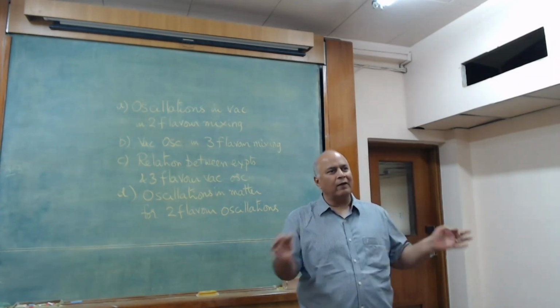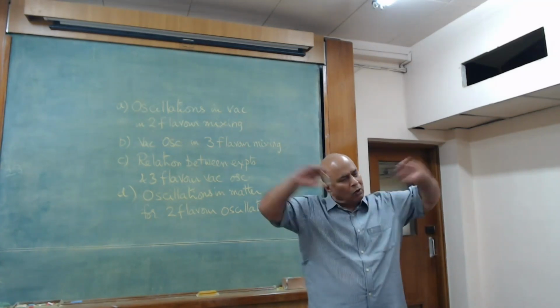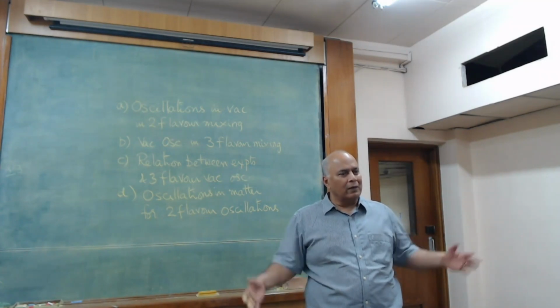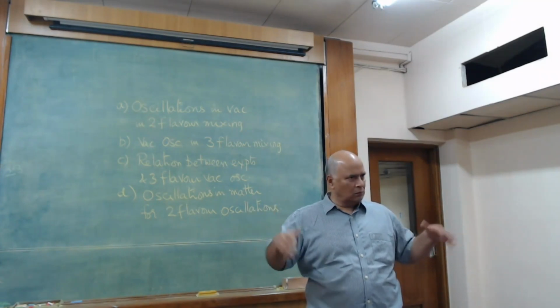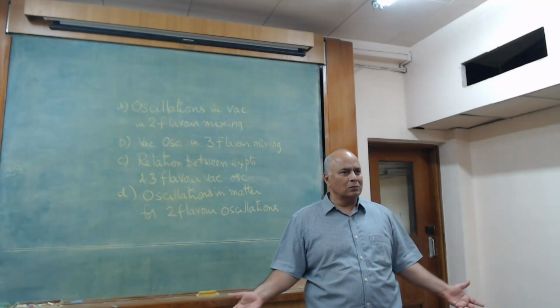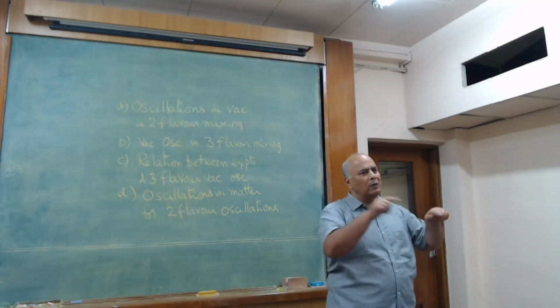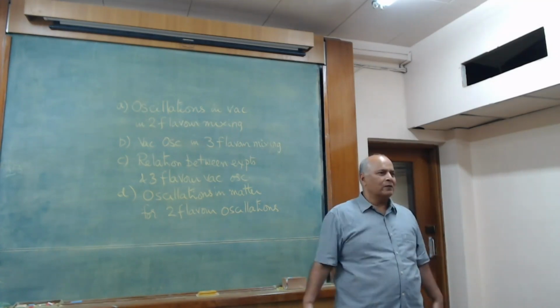People were literally afraid of negative numbers, and square root of negative numbers were not even to be thought of. But this person says, no. Just as you can think of square root of 2. People were afraid of square root of 2 also until Pythagoras came and gave a geometrical interpretation of square root of 2.